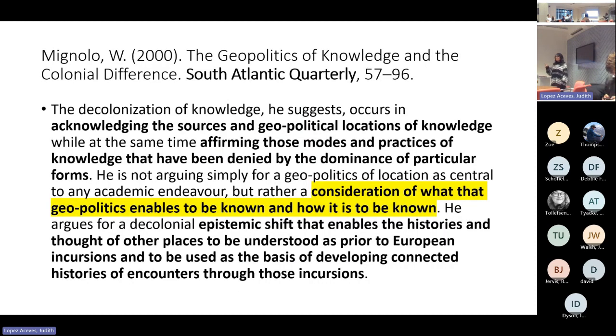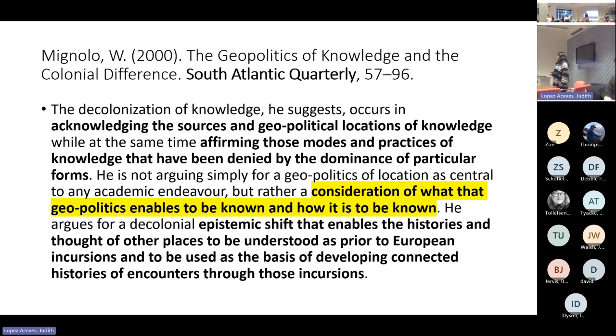And I will read some writing that I did reading Mignolo's paper, that it's about decolonizing knowledge. And we'll read this directly, and I'm not going to apologize for that. The decolonization of knowledge, he suggests, occurs in acknowledging the sources and geopolitical locations of knowledge, while at the same time affirming those modes and practices of knowledge that have been denied by the dominance of particular forms, the particular forms being knowledge produced in English.